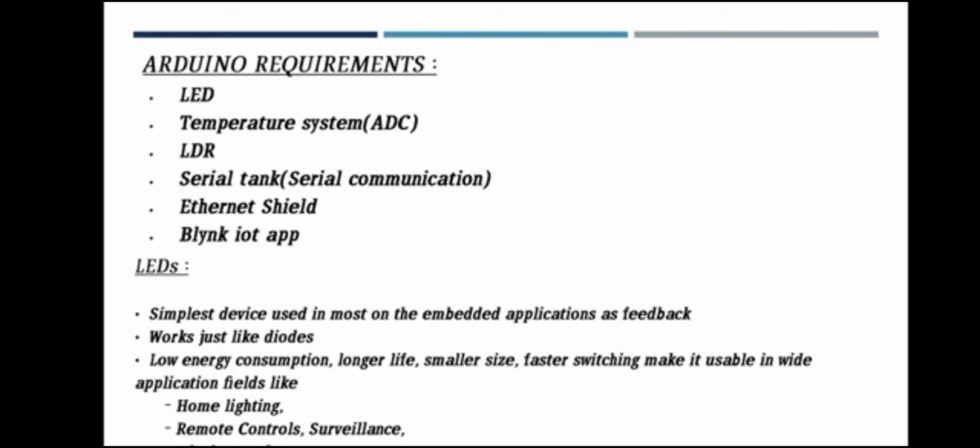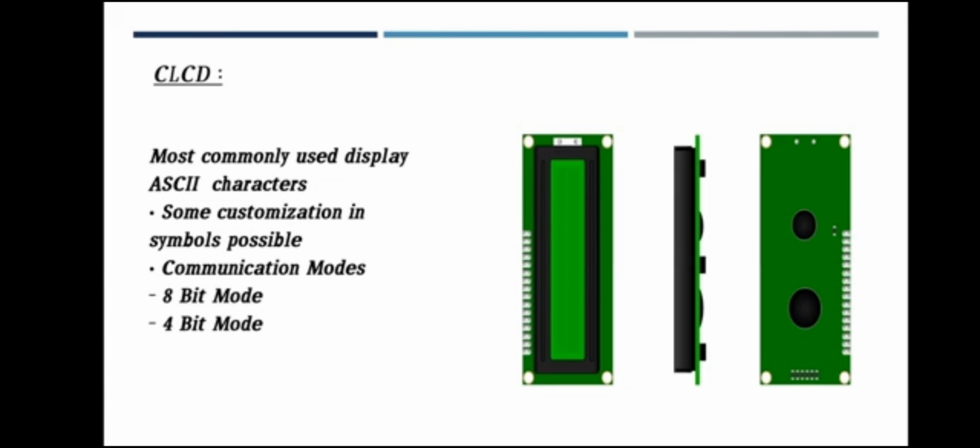Arduino requirements: LED, temperature system with ADC, LDR (light dependent resistor), serial tank which uses serial communication, and the Blink IoT app. LEDs are light emitting diodes, the simplest device used in most embedded applications as feedback.